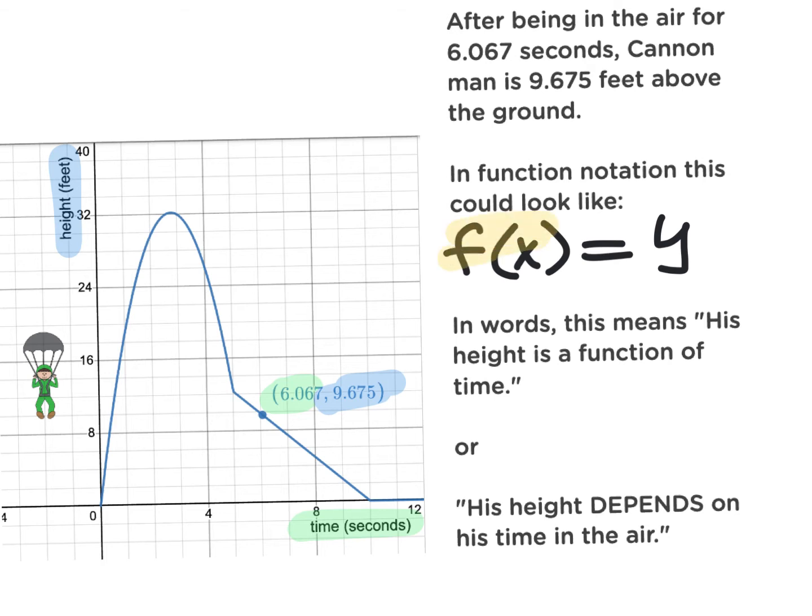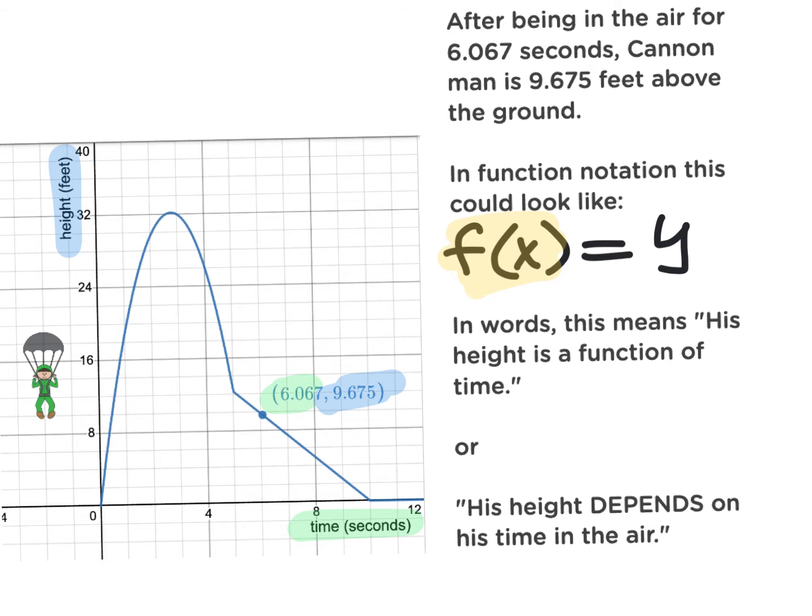Because what are you used to seeing two things sitting next to each other? And you would think that that means multiplication. And that is the biggest bone that I have to pick with function notation, because it's unnecessarily confusing, in my opinion. Because you guys have been trained to believe that that means multiplication.